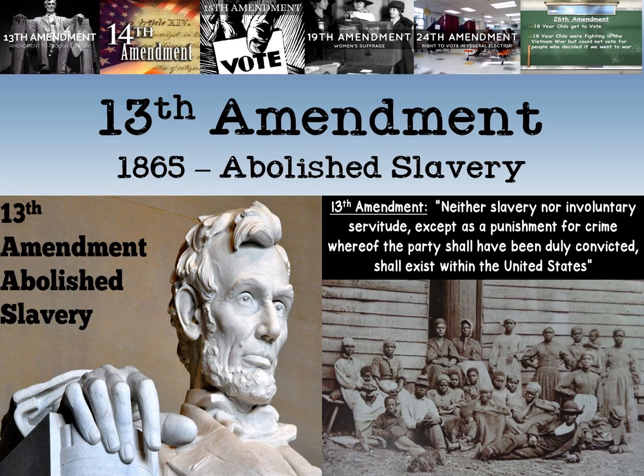And that's what happens with the 13th Amendment. But again, unfortunately, Lincoln is assassinated in April of that year before the 13th Amendment is actually ratified. And the radical Republicans are going to start to pass a whole lot of amendments geared towards ensuring the rights of African Americans are obtained in the United States.